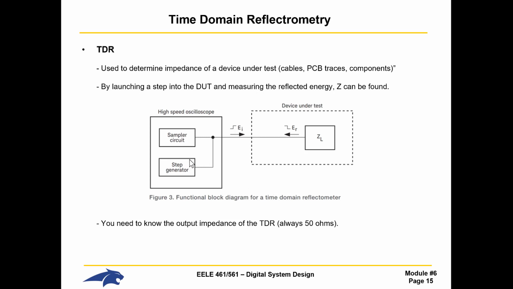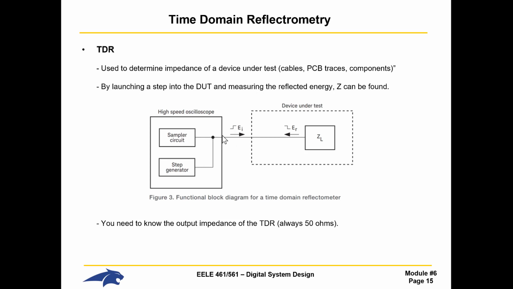The way a TDR is built is it's essentially an oscilloscope, and it has built into it a pulse, so you can make a step. It launches a step out of an absolutely perfect 50 ohms. It's expensive; they spent a lot of money to make this thing an ideal 50 ohms.